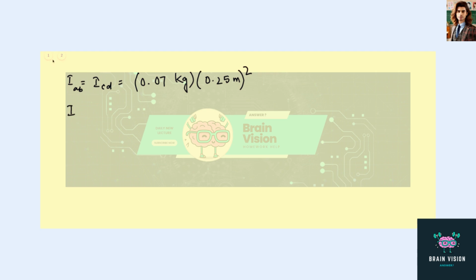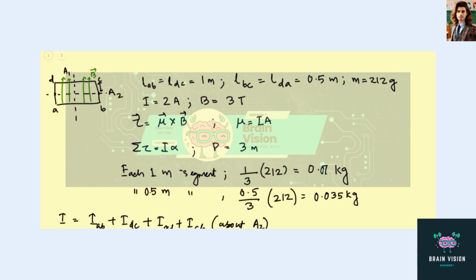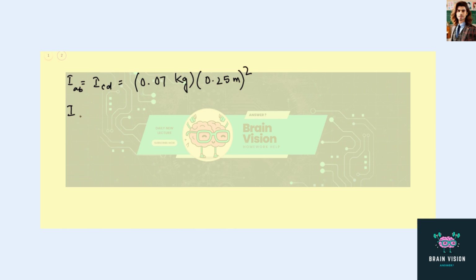The moment of inertia of BA and CB, both are equal, is 1 over 12 mr square. So that is equal to 1 over 12 times 0.035 kgs times 0.5 meter square.